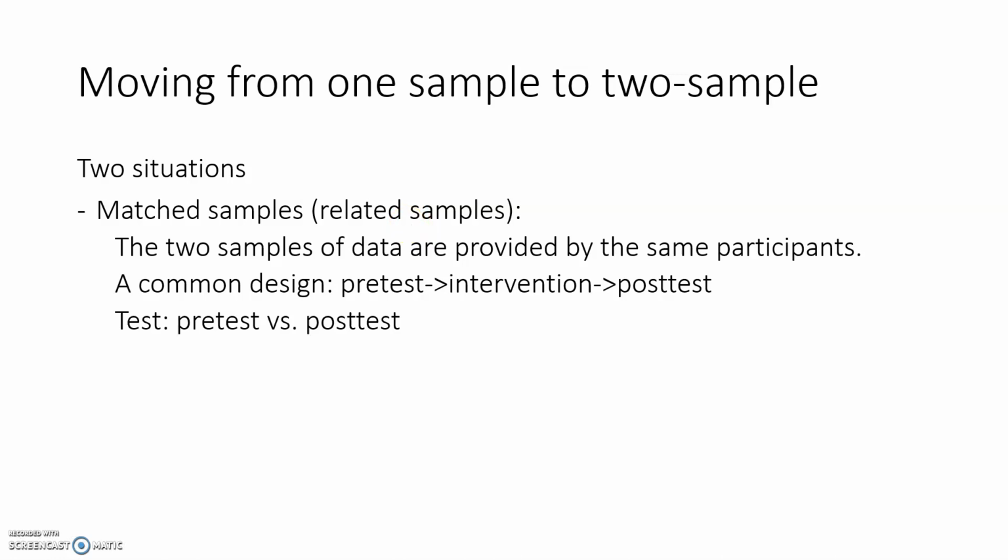And in this matched sample situation, these two samples of data are provided by the same participants. Okay, so each individual or each participant will provide two data points. And a very common design is this pre-test, intervention, and post-test.